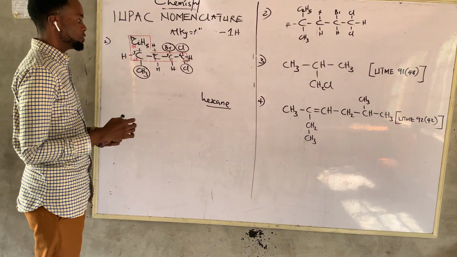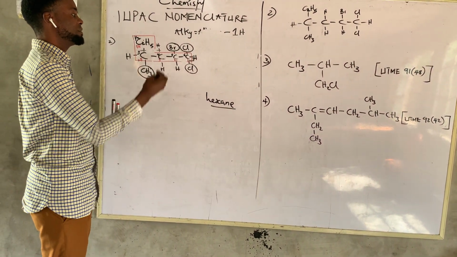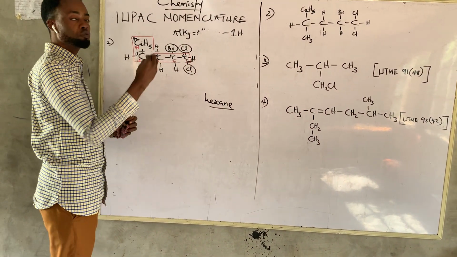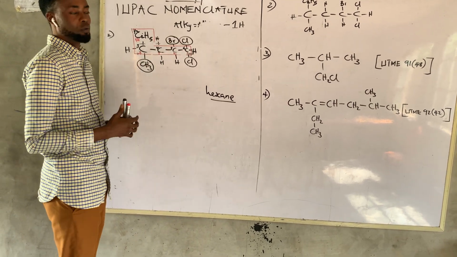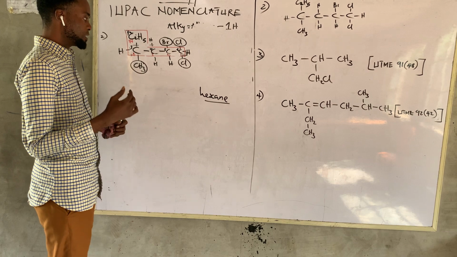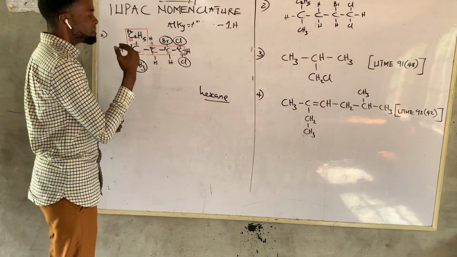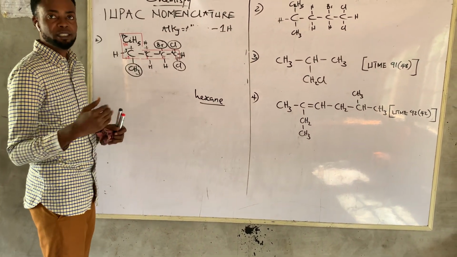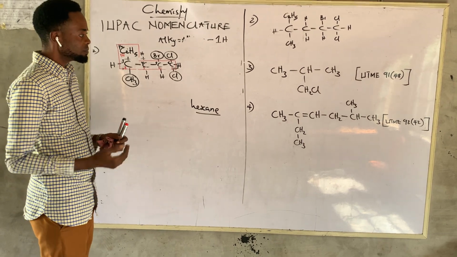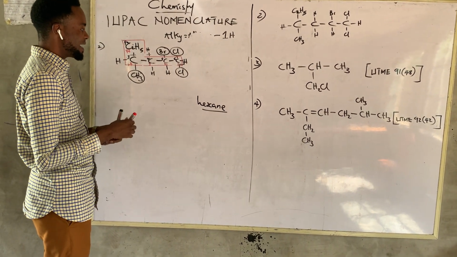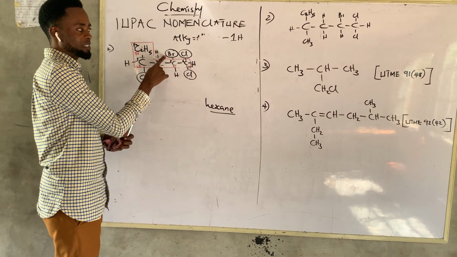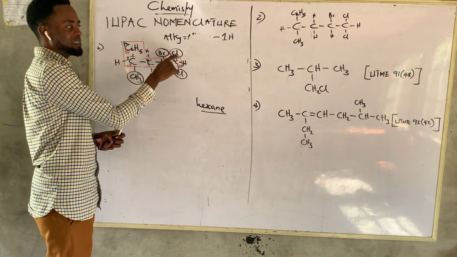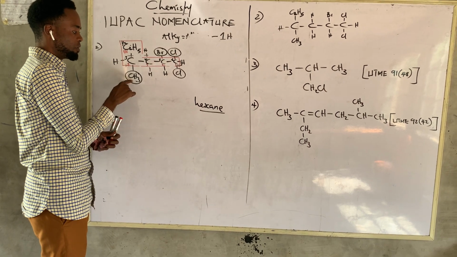Alright? So after establishing that, I am left with how to name this methyl, bromine, and chlorine. The next thing to do is to name them alphabetically. So B, bromo, comes before C, and C comes before methyl.